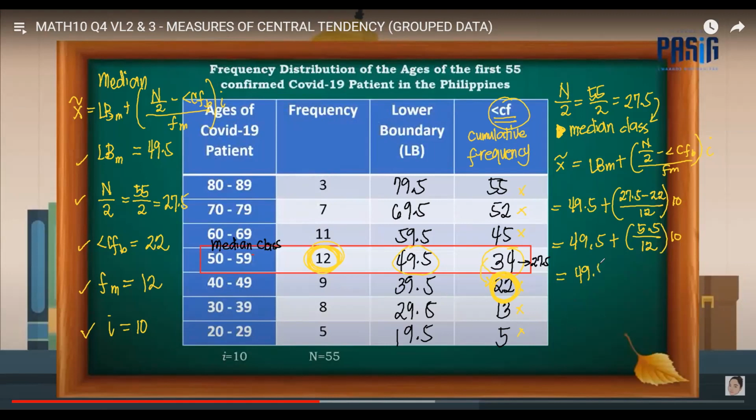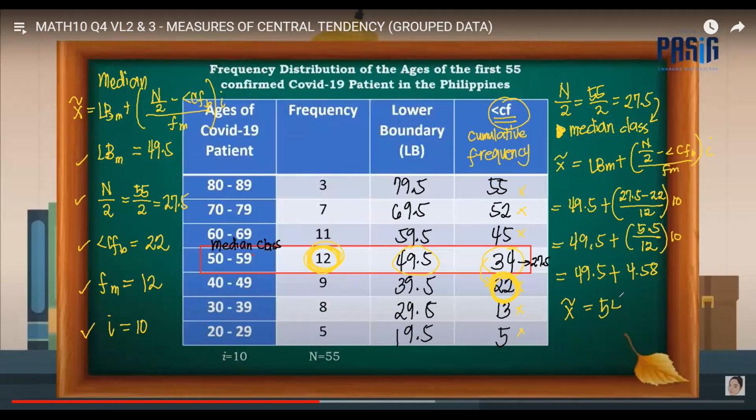So, that is 49.5 plus 4.58. What will be our final answer? Let us add it to 49.5. Our answer here is 54.08.